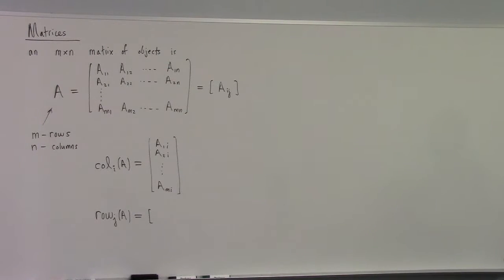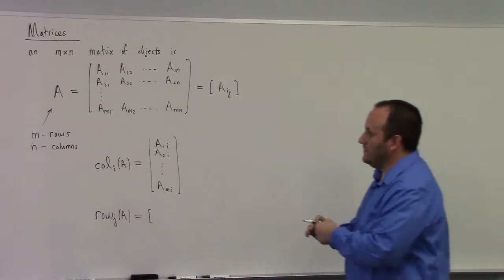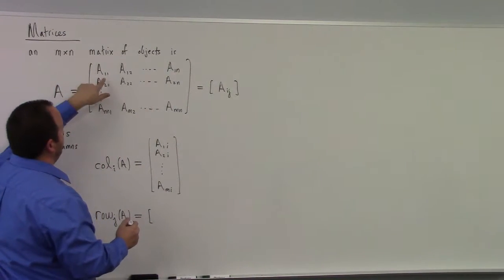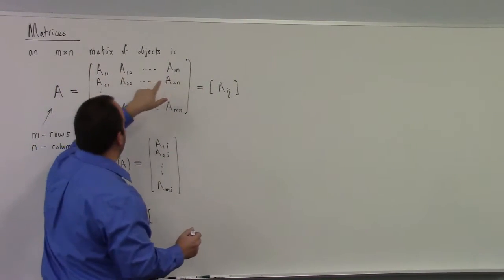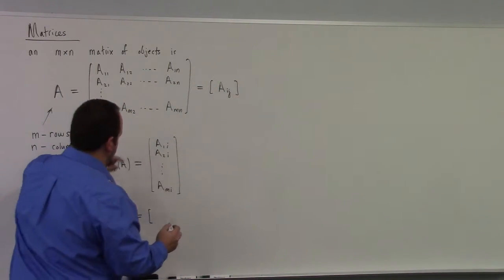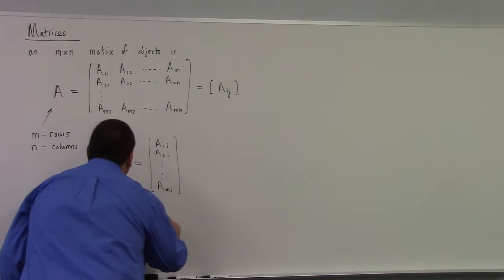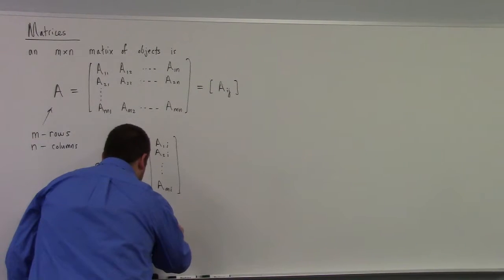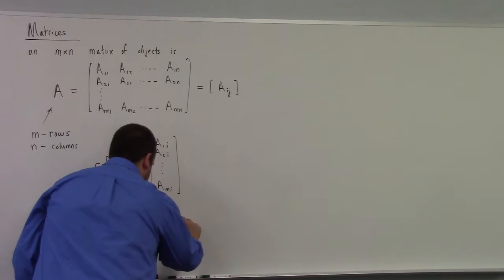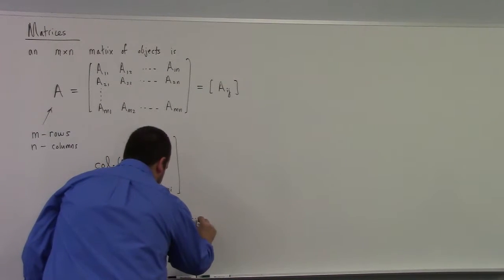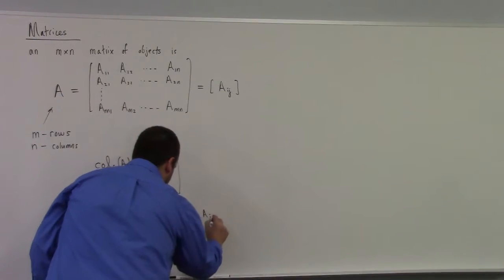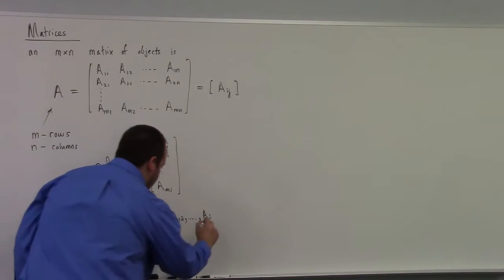How about the jth row of A? Like here's the first row. You notice that the 1 is the same? Or the second row, 2, the first index is fixed here. So it's Aj1, and I put commas here sometimes if I want to, Aj2. Some people drop the commas here, depends on context. But anyway, Ajn, right?